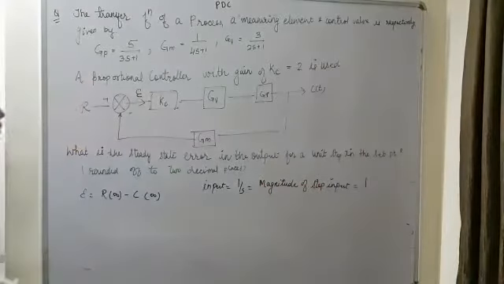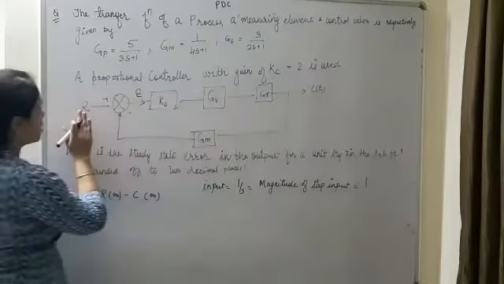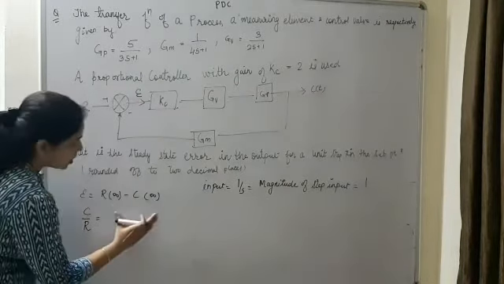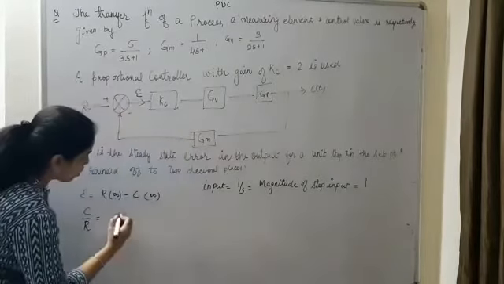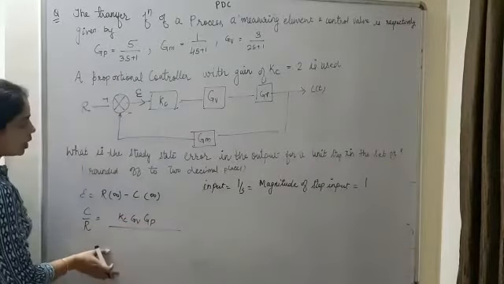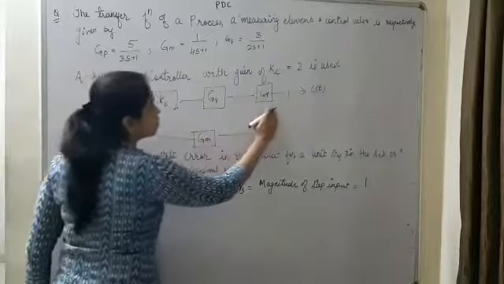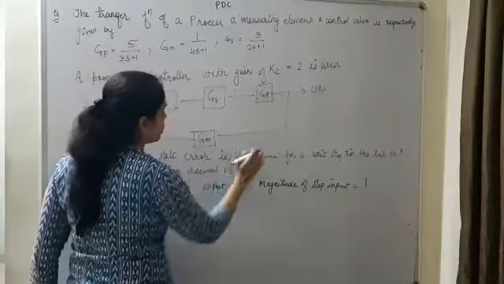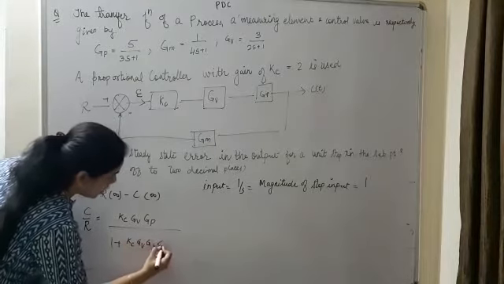Now for this whole process, we need to find C by R. So C by R is equal to, in the numerator, the multiplication of all the transfer functions, Kc, Gb, Gp, upon, in the denominator, 1 plus the multiplication of all the transfer functions in the control loop, so Kc, Gb, Gp and Gm.